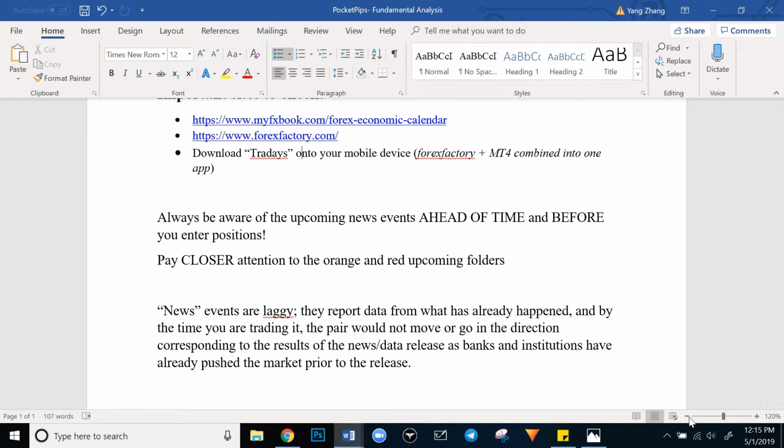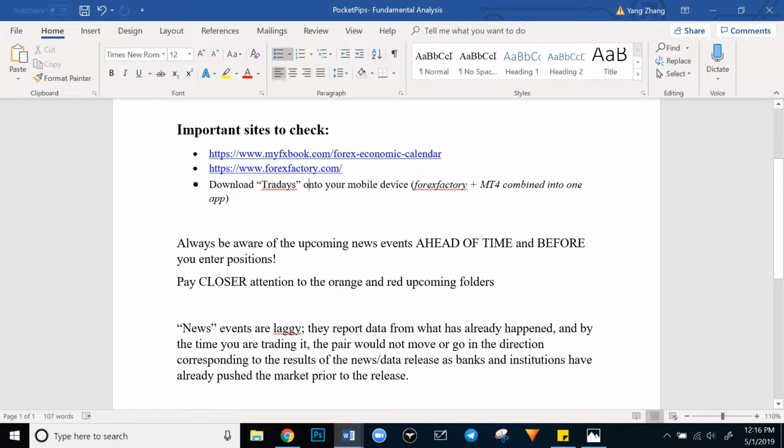Sorry, trading time zone. Okay, and with fundamental analysis, before you enter a trade, or when you are doing technical analysis and spotting a trade opportunity, please be aware of the upcoming news events that could potentially ruin the trade, that could mess up your trade. So you have to be aware of the upcoming news events ahead of time and before you enter your positions.